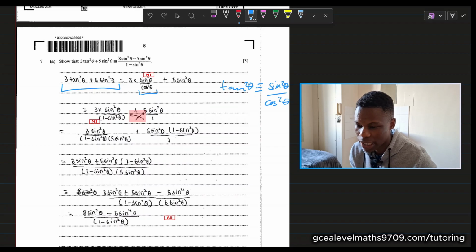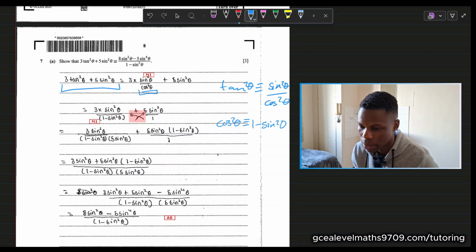Because it looks like this is where it all went downhill. So we've got 3 sine squared theta. Okay, so you use the identity cos squared theta is identical to 1 minus sine squared theta. Here. Alright, that's fine.